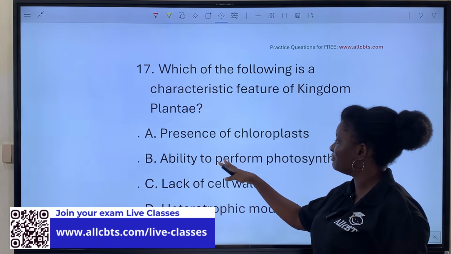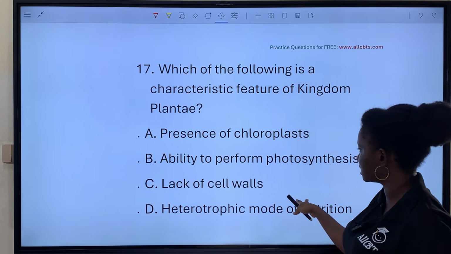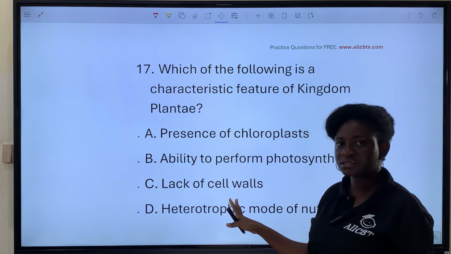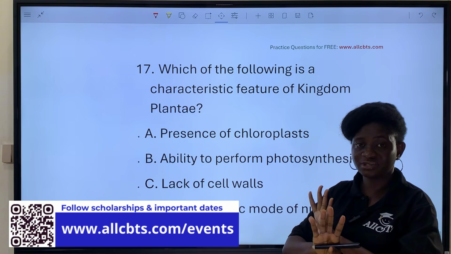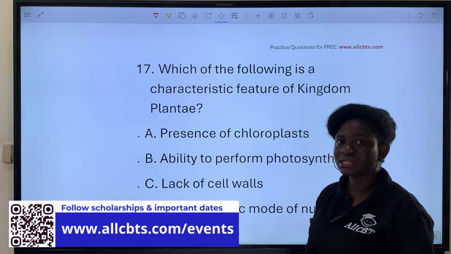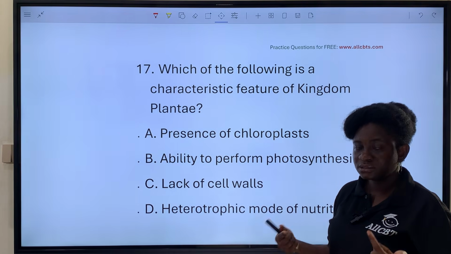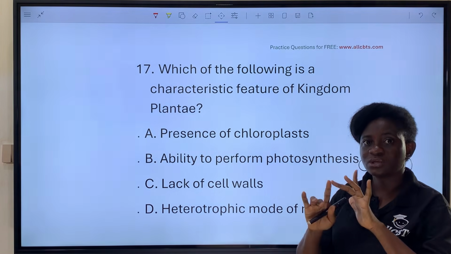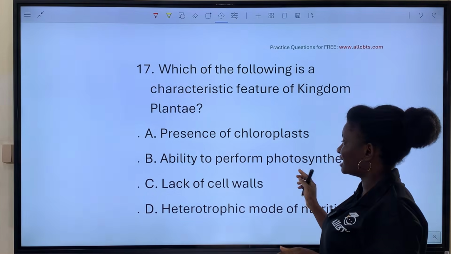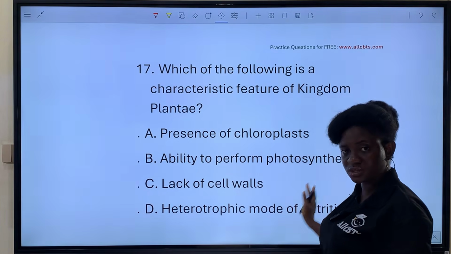Then we have B, ability to perform photosynthesis. Because this is talking about describing plants generally, there are some plants that don't photosynthesize.